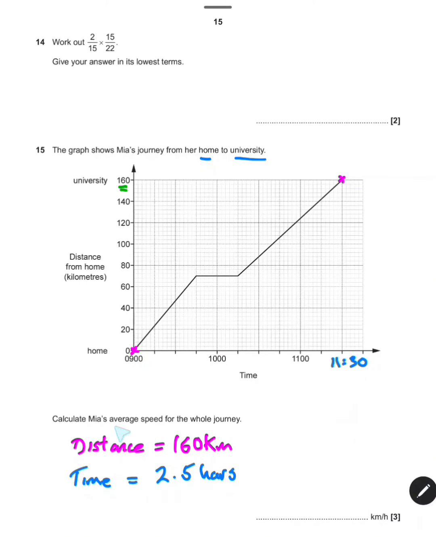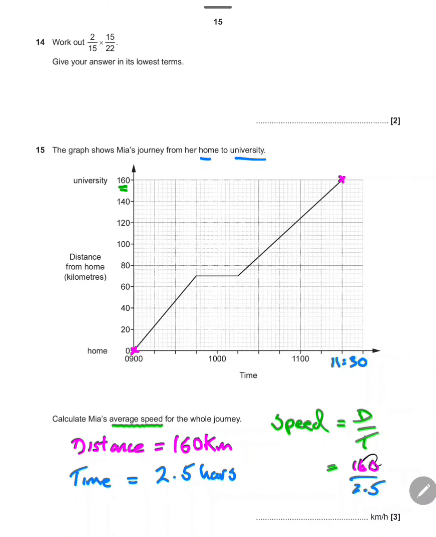We're looking for average speed, and that's for the whole journey. So we've got those figures that we need. Speed is distance divided by time, which is 160 divided by 2.5.